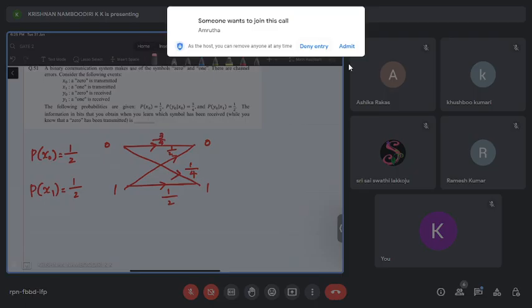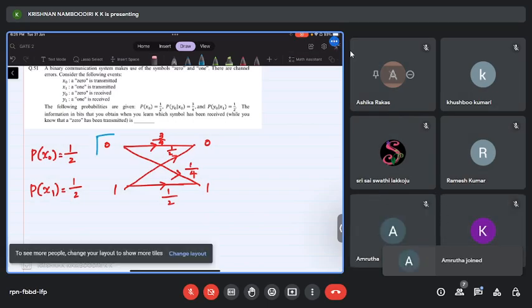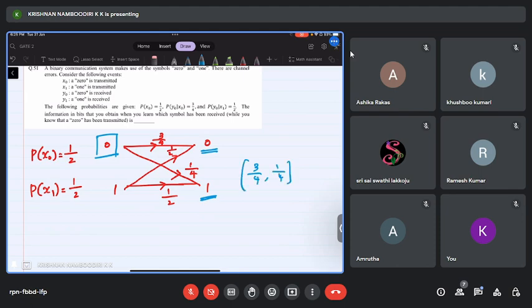So if I transmit 0, then the received bit can be either 0 or 1. Correct? With probability mass function 3 by 4, 1 by 4. Agree?